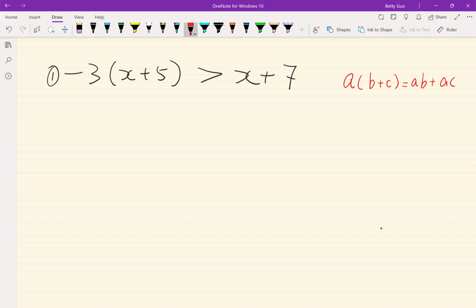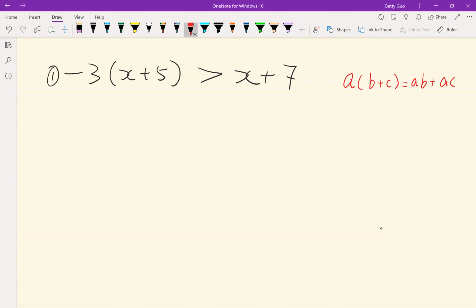The distributive property, copy the problem first. Look at the formula. The coefficient is A, so A times (B plus C) equals A times B plus A times C, right?